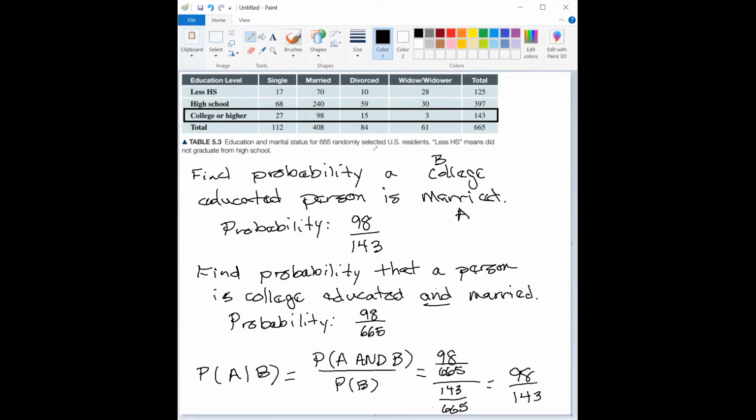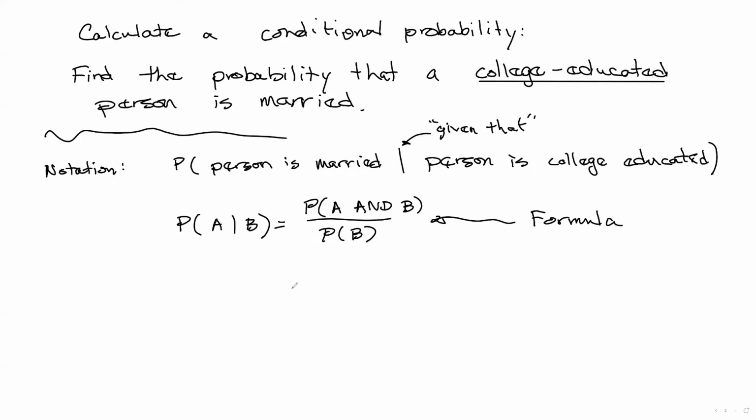I think it's simpler. Okay, let's jump back to our whiteboard here. A couple notes. This formula can be rearranged by moving the probability of B over to the left-hand side. So it can be rewritten as probability of A and B equals probability of B times the probability of A given B. This is a different formula.